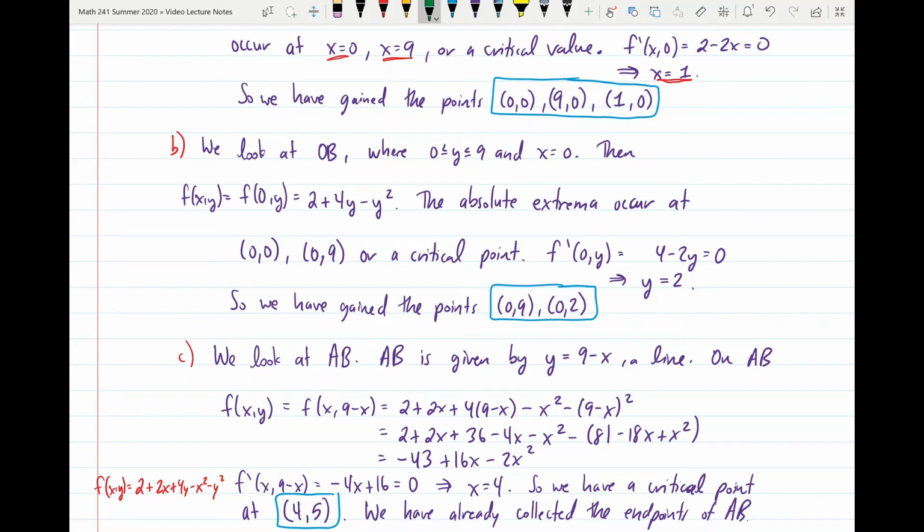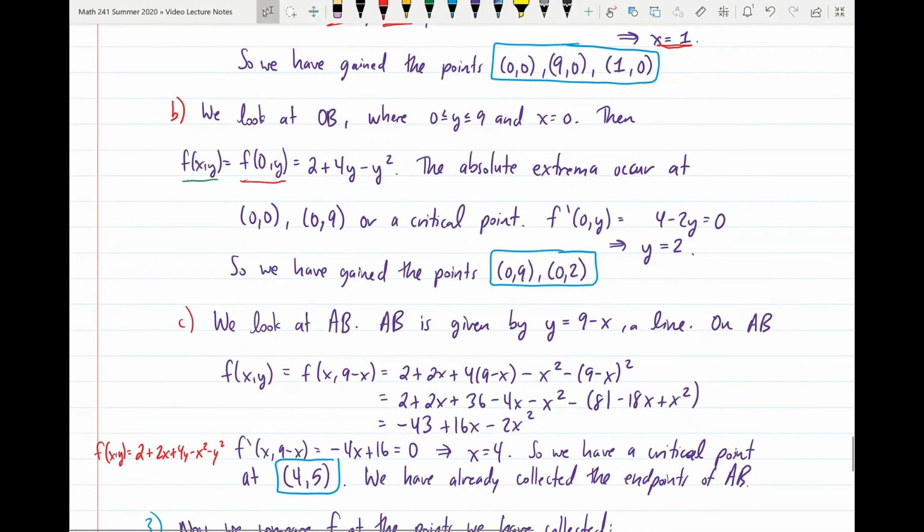So this looks pretty similar to the last case, except that x and y are switching roles here. So in this case, if we take a point on that line segment and we plug it into our function f, then we get f of 0, y, because x has to equal 0 at all of those points. And you can check for yourself that that's equal to 2 plus 4y minus y squared.